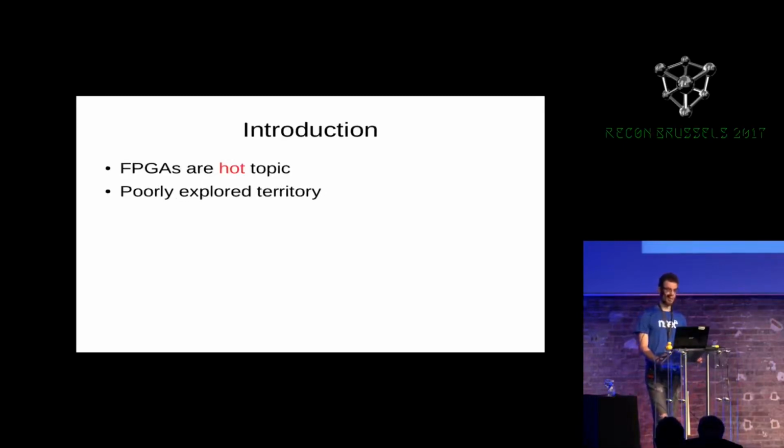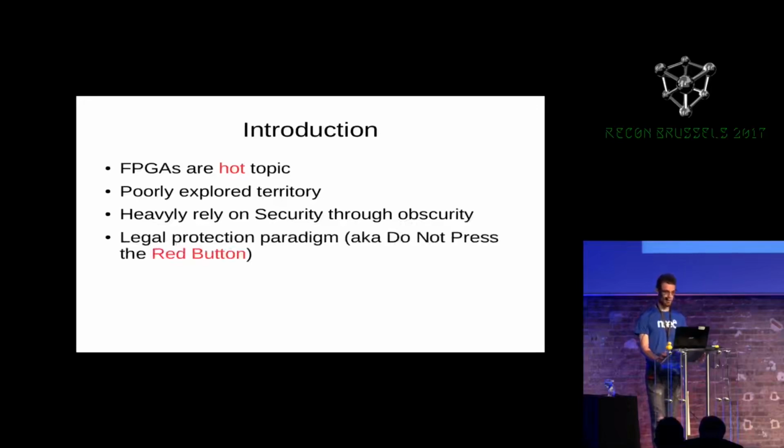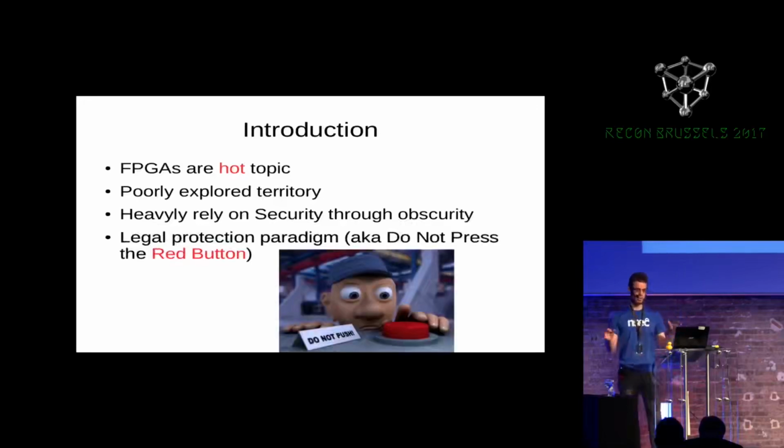Most of it right now depends on the tools provided by the vendors, except for, well, IceStorm. So their security mostly relies on security through obscurity. It's all about the paradigm of it's protected because it's forbidden.